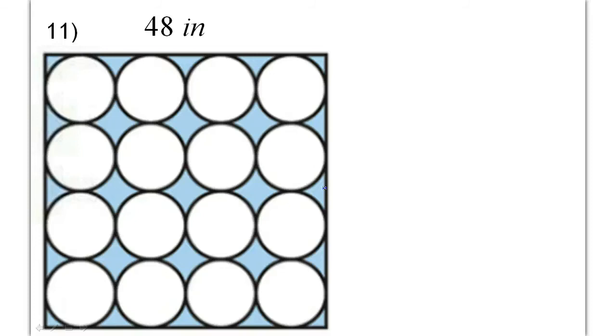So we're taking the square and subtracting all of the circles, all 16 of them. So his strategy is to do the area of the square minus the area of all these circles.